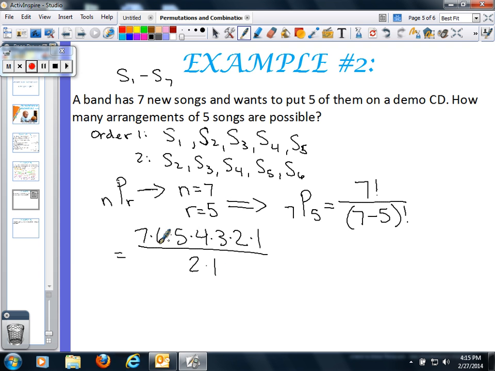Well, because this is all multiplication on top and all multiplication on the bottom, I can cancel this here. Which means this is going to equal 7 times 6 times 5 times 4 times 3. Which is, let me actually grab a calculator myself, because you can do this a long way, but no point in it.